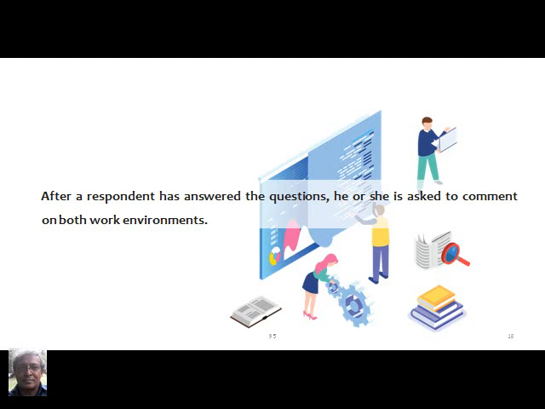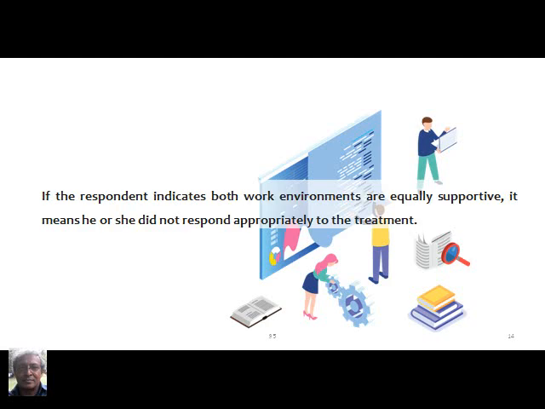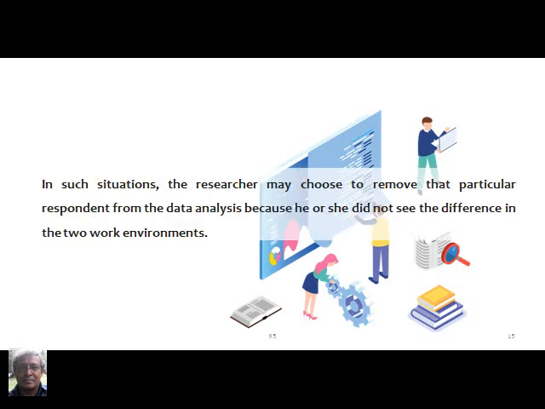After a respondent has answered the questions, he or she is asked to comment on both work environments. If the respondent indicates both work environments are equally supportive, it means he or she did not respond appropriately to the treatment. In such situations, the researcher may choose to remove that particular respondent from the data analysis because he or she did not see the difference in the two work environments.